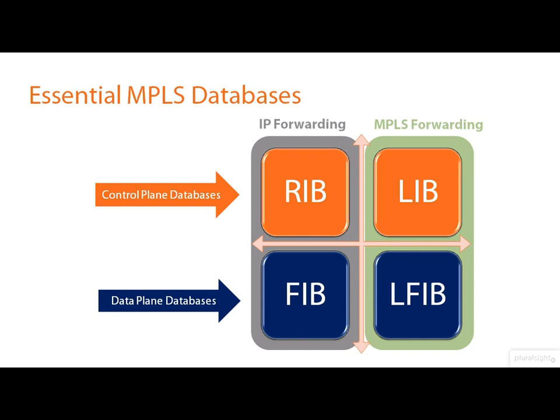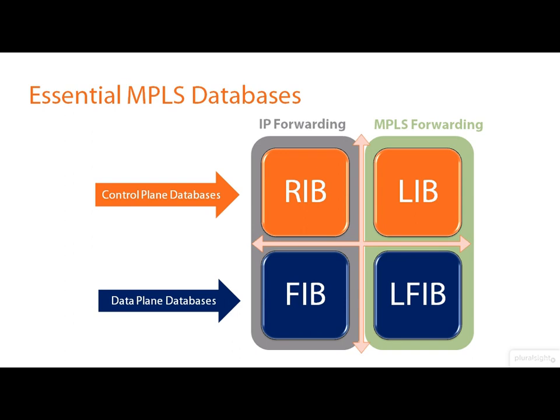Okay, so again, on the IP forwarding side, the control plane, the sort of mastermind that determines all this, is the routing table, the RIB. The hardware portion that determines what we actually do is the FIB. On the MPLS side, we build the LIB by creating labels for our directly connected, static and IGP learned routes, and by label and prefix bindings we learn from LDP.